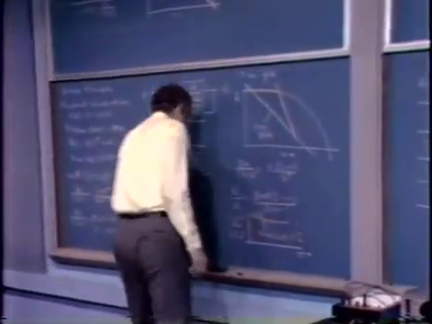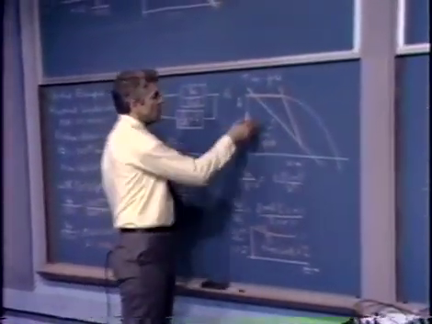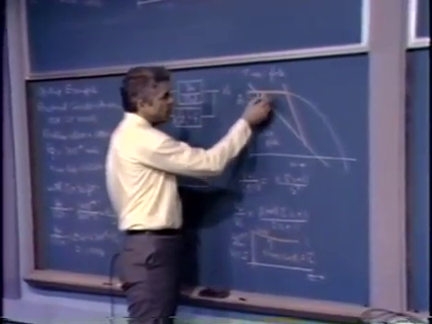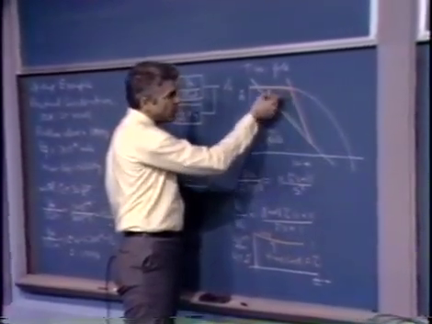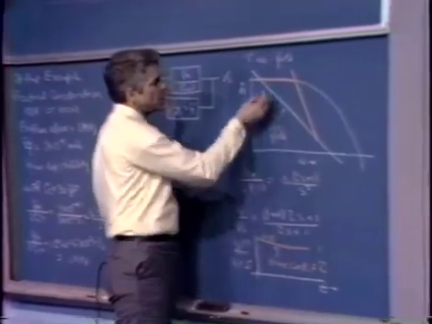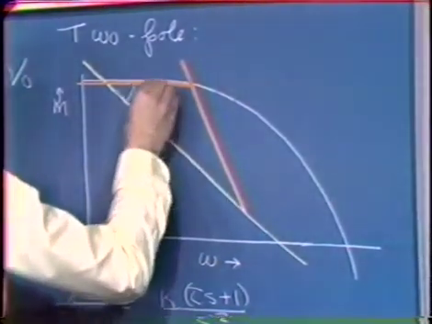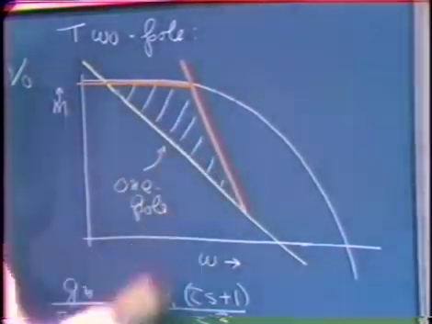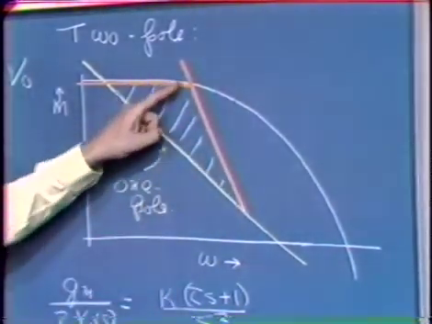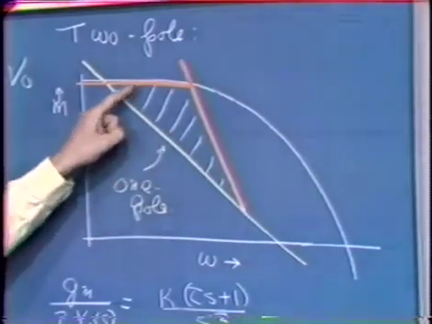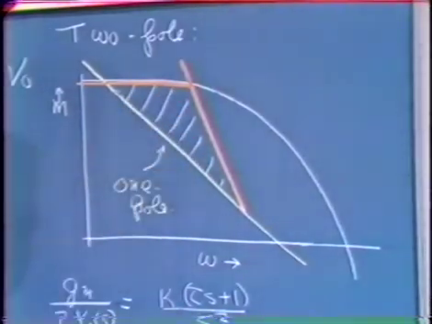Recall that the comparison between the two was as shown here. We have the orange curve showing the 1 over S squared compensation, the yellow curve showing the single pole compensation. And over all of these frequencies, we have considerably higher open loop gain from the two-pole compensated amplifier.